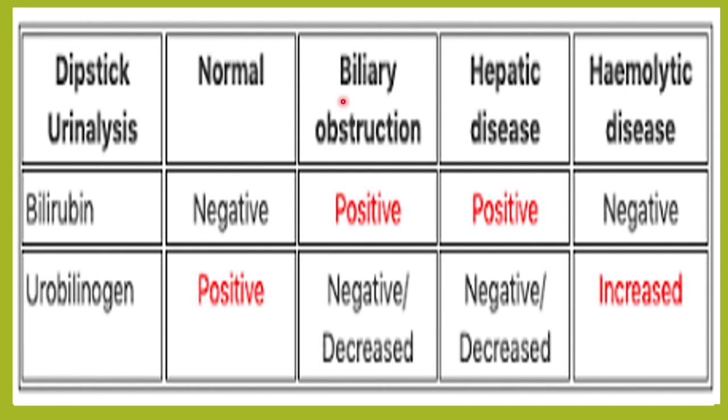So this is how we differentiate whether it is a biliary obstruction, a hepatic disease or a hemolytic disease with the help of bilirubin and urobilinogen. Remember always that in normal urine, bilirubin should be negative and urobilinogen will always be positive. In biliary obstruction, bilirubin is positive, and in hemolytic disease, urobilinogen is increased.